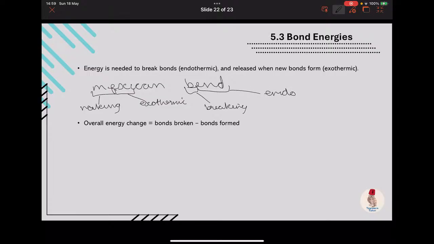And the overall energy change is the energy from the bonds broken, which is given into the system, subtract the bonds formed, which is given out from the system, absorbed by the chemical for the reaction.